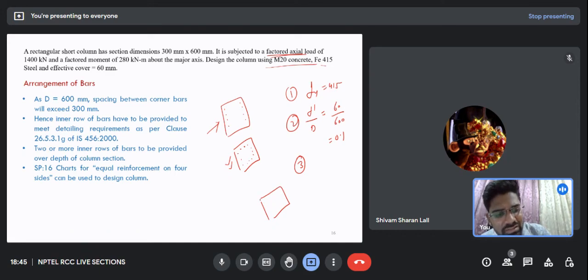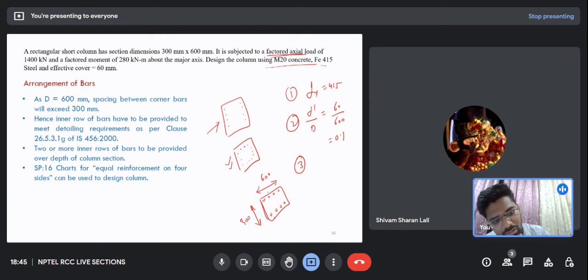This is a very interesting and a very widely asked topic, so just try to understand this. Suppose this is 600 and this is 300. Since I will be having bending along this axis, my bars will be like this. Am I correct? No, I am wrong.